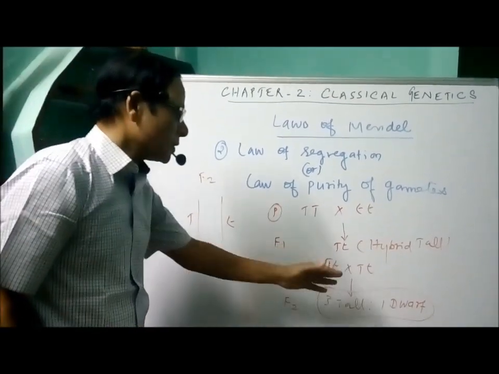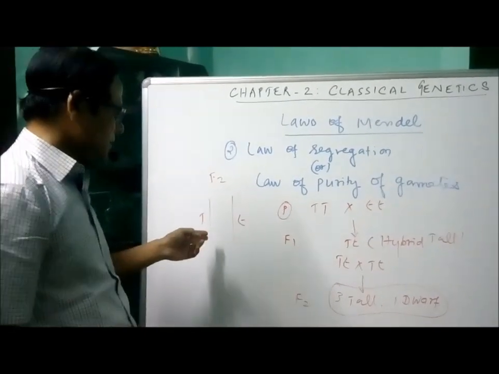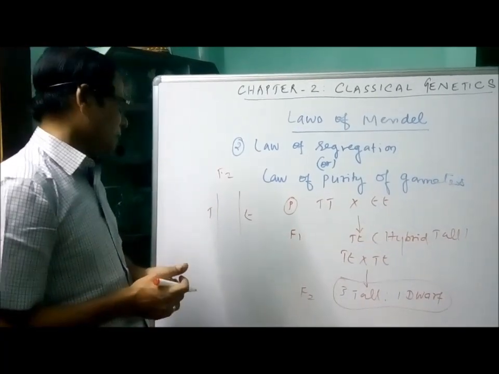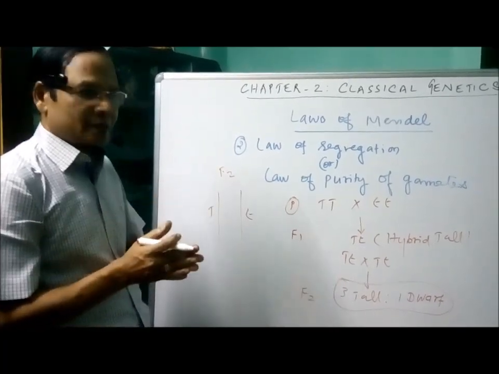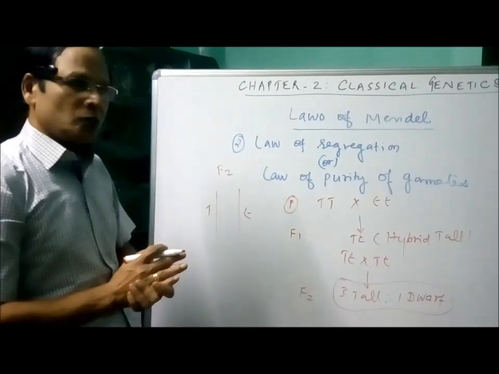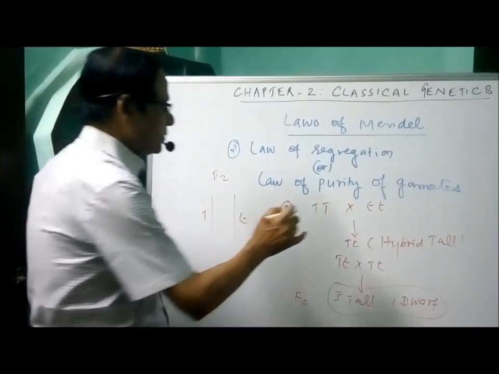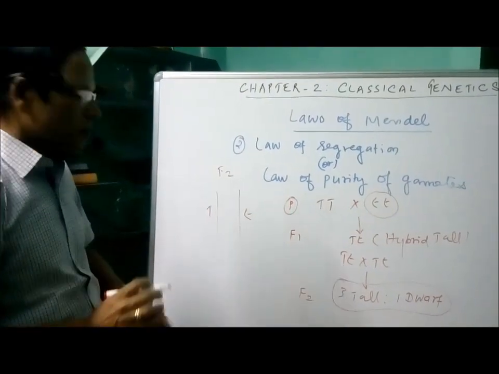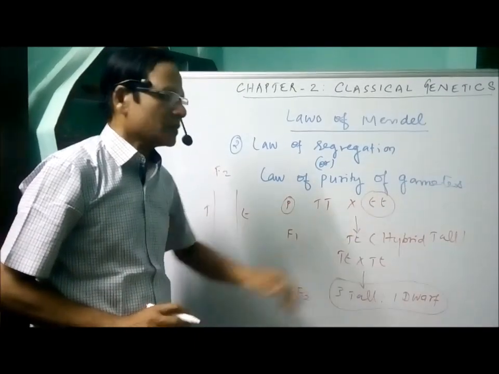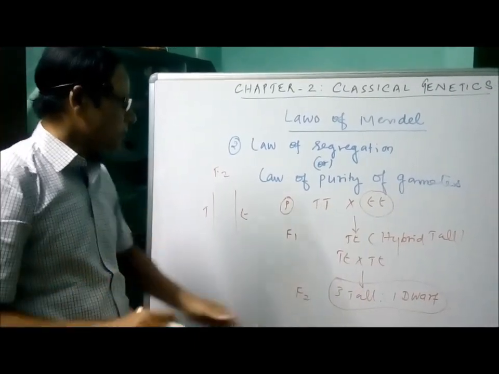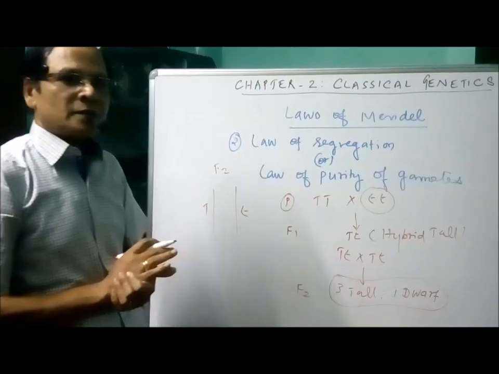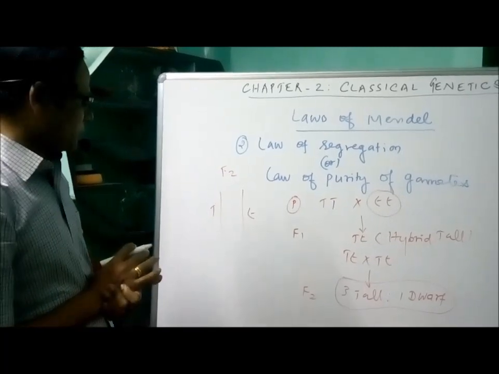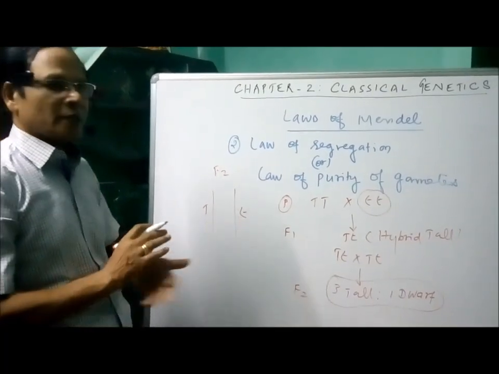The appearance of the dwarf character in the F2 generation indicated that there is no blending or mixing. Both characters appear as such, although the recessive character is suppressed or masked in the F1 generation. There is no appearance of the recessive character in F1, but it appears in F2. And this is the analysis for the law of segregation. What is the meaning of that? There is no mixing, there is no blending.